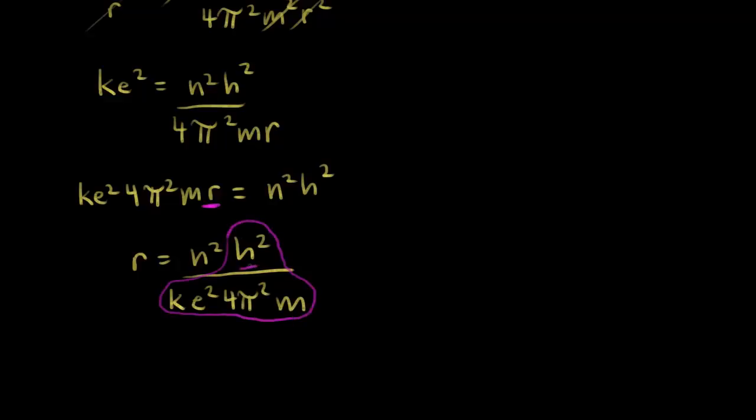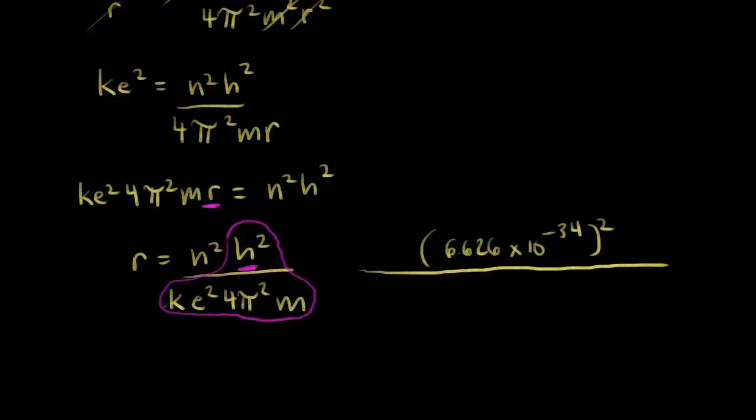For example, h is Planck's constant, so we know what that is. That's 6.626 times 10 to the negative 34, and we're going to be squaring that number, and that's going to be over all of this. So k, if you've taken physics, you know that k is equal to 9 times 10 to the 9th. That's a constant. e is the elementary charge.